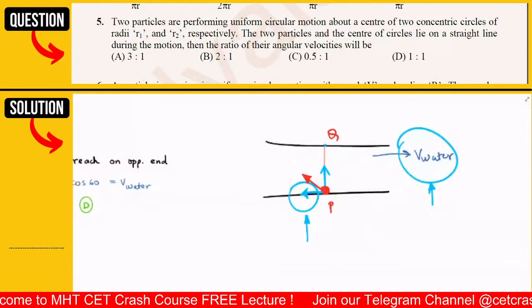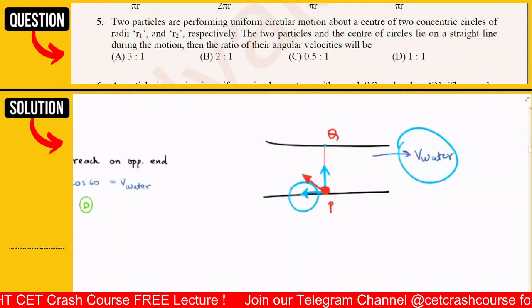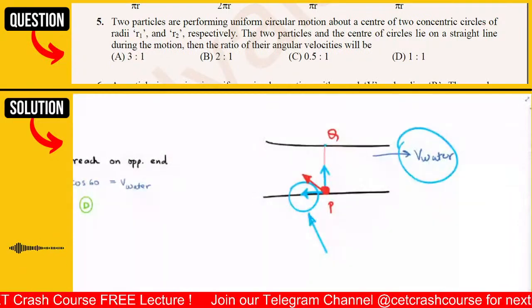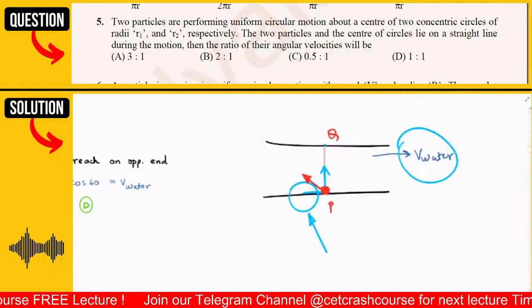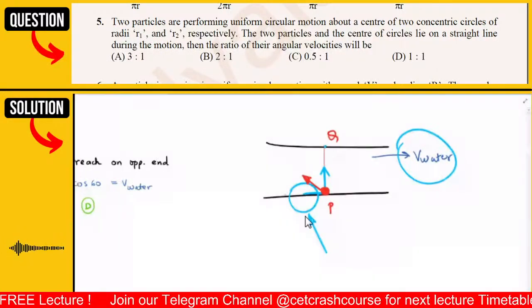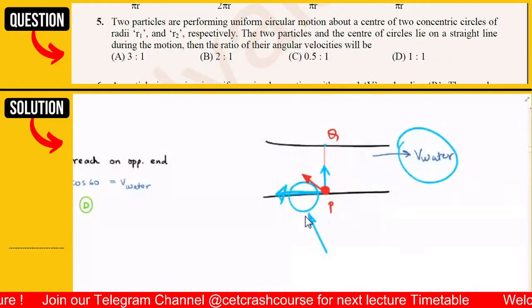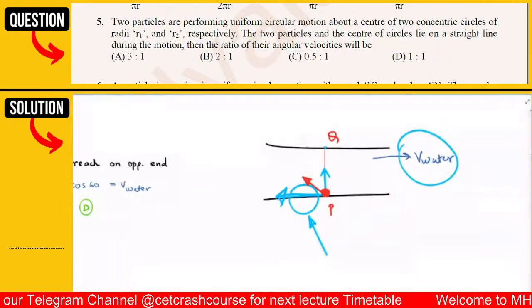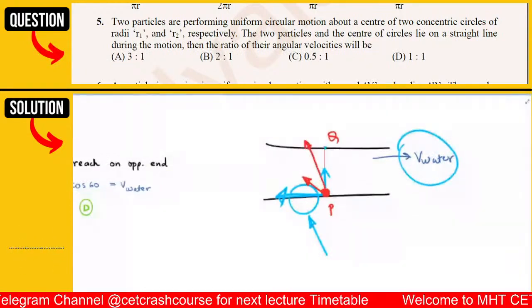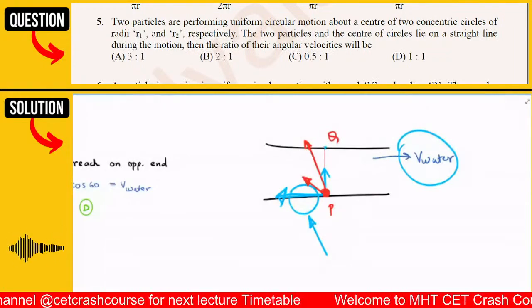Tell me, students, if velocity of the swimmer in this direction becomes greater than the velocity of water, then can we say the swimmer is going to drift towards left, beta? Resultant will be towards the left. Simple vector concept this is.